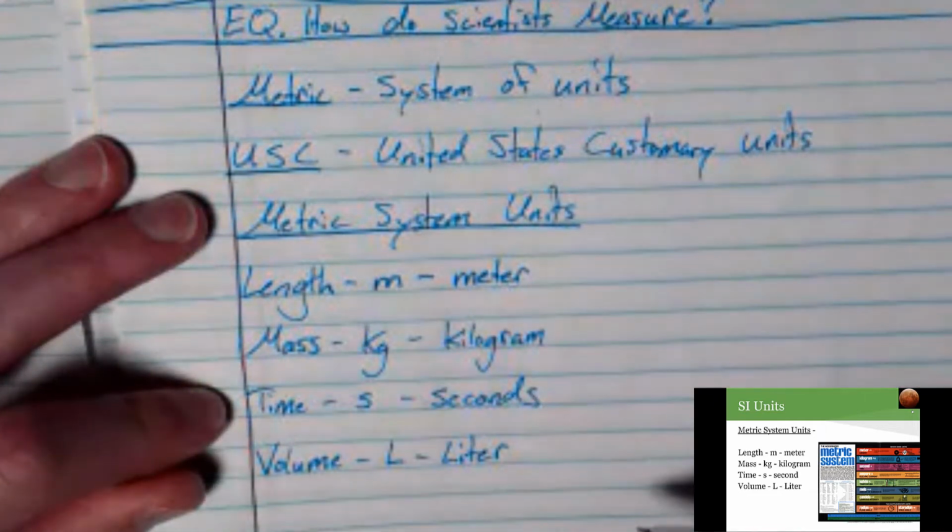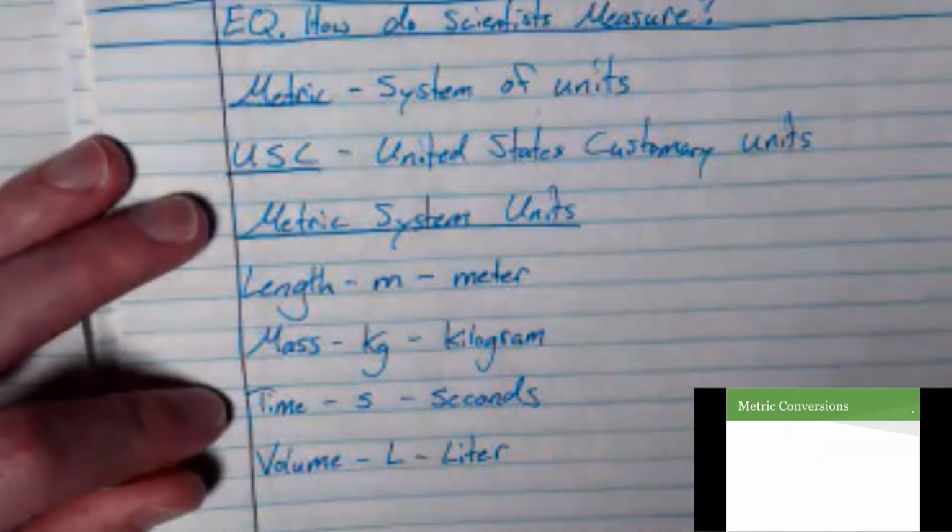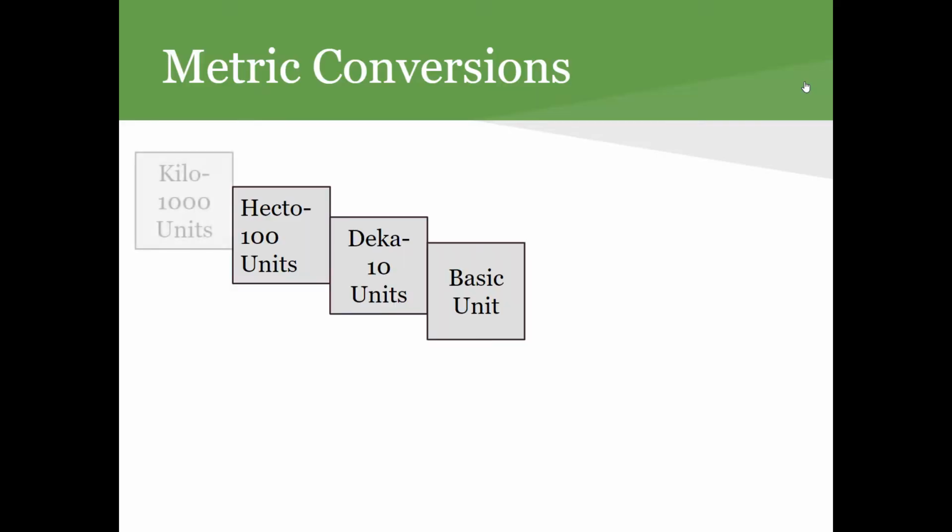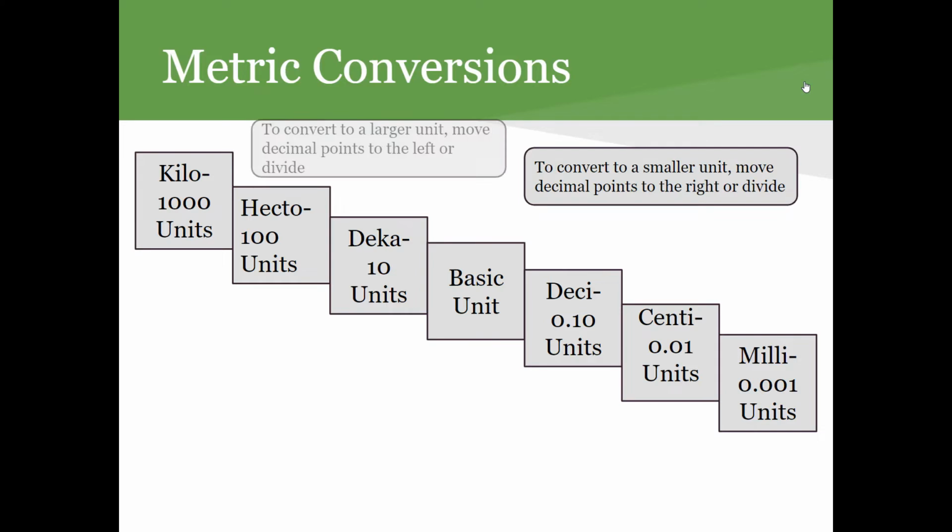So we've got those. Now let's go on to the metric conversions. And this chart here is pretty cool. It tells us how we can move a decimal from, let's say, a basic unit of meter, but I want it in centimeters because I'm making something small.